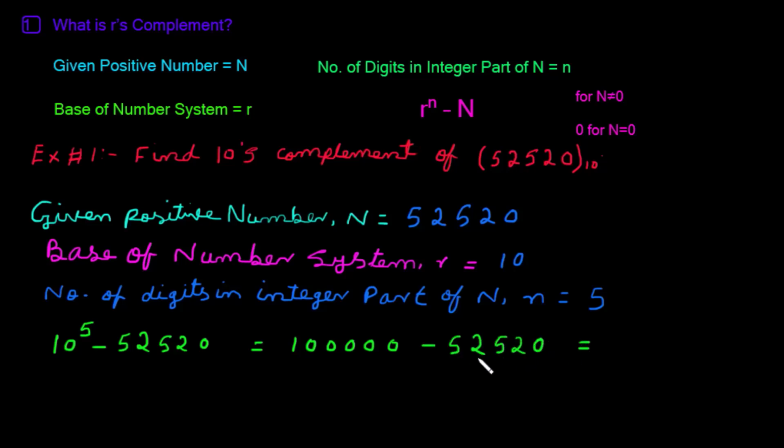So using a calculator I will come up with 47480, which is the complement of this number. Bear in mind, I will note this one for later stages, and then we will deduce something important from this. Now moving on to the next example.